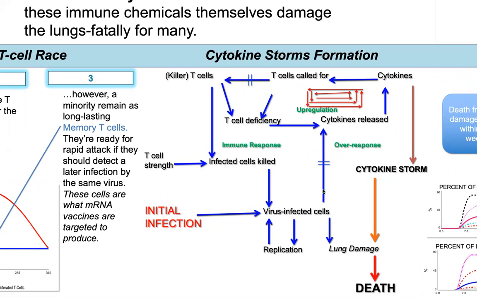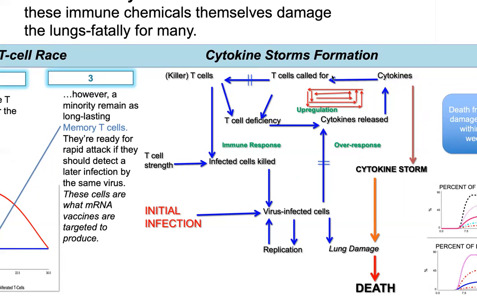With a delay, the cytokines are called to be released, generating more cytokines and calling for and generating T cells, and depending on their strength, they also kill the infected cells, thus reducing the virus-infected cells. And that's what we call the immune response.